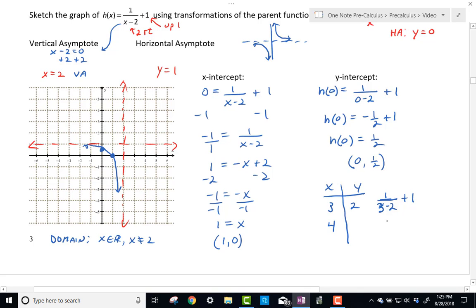I do the same thing with 4. 1 over 4 minus 2 plus 1. Well, 4 minus 2 is 2, so that's a half, and a half plus 1 is 1.5. Let's plot those. (3, 2), (4, 1.5). And voila, there is my graph.